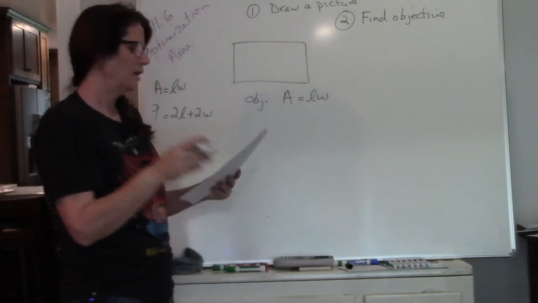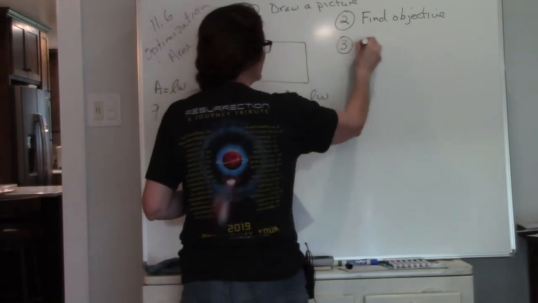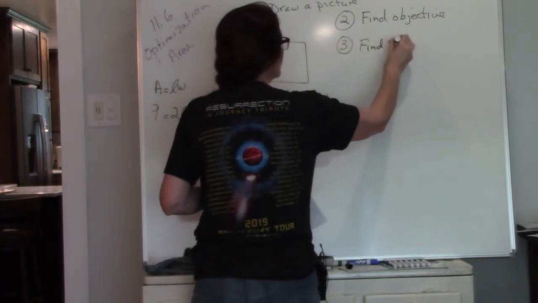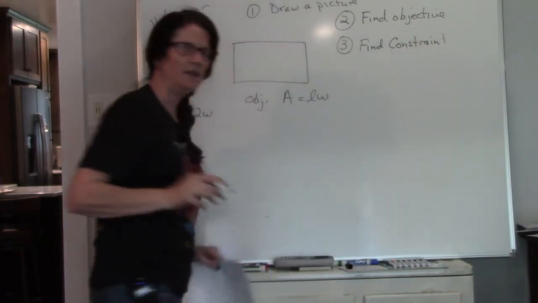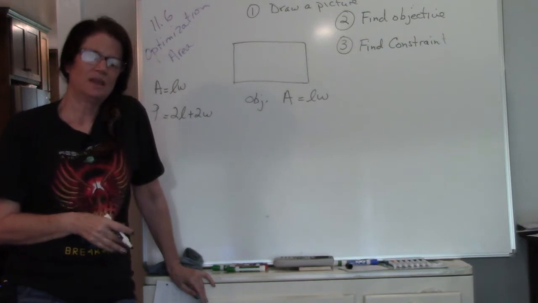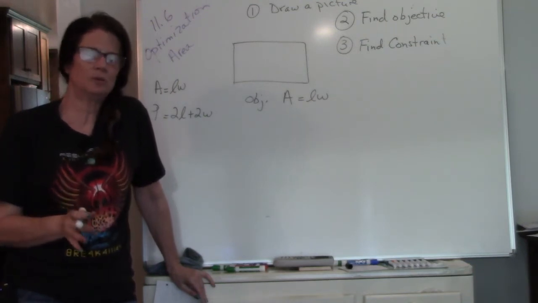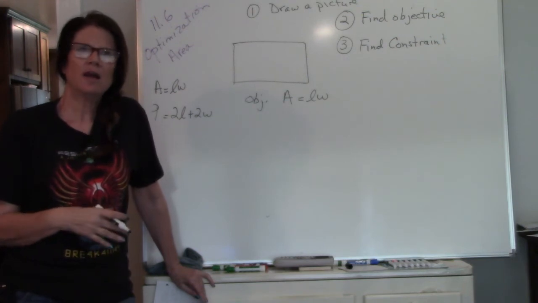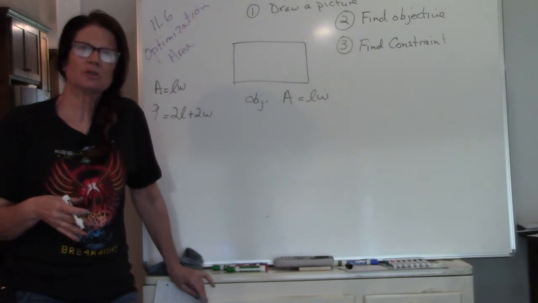All right, this next thing is find a constraint. So this is where our domain comes in, okay? Everything that you do has limitations. If you're a business owner, you have only so many employees. If you are manufacturing something, you only have so much material to work with.